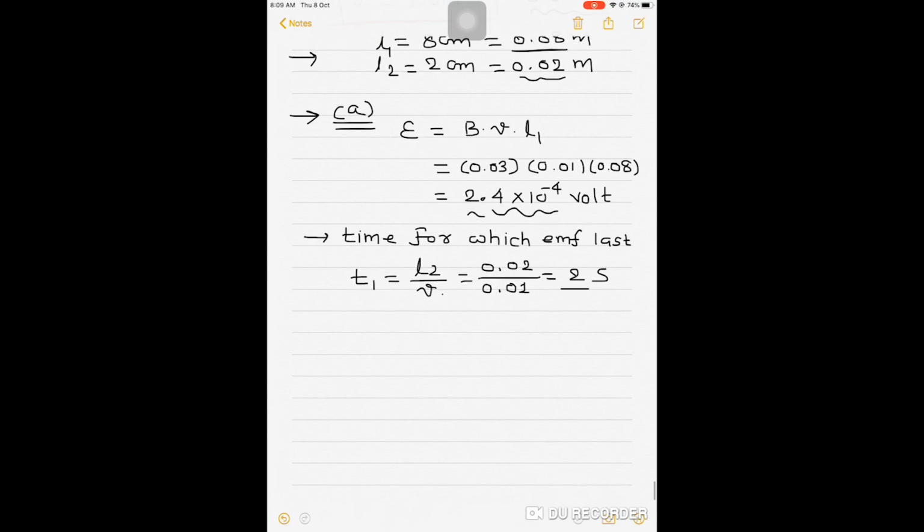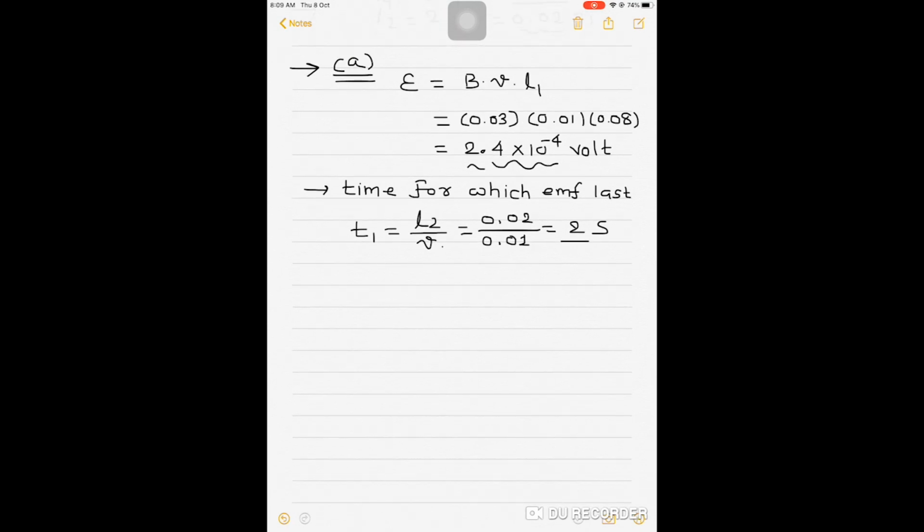But now in case number 2, this will be a little bit interesting part. In case B we are given that EMF. First of all we will find the EMF along the shorter side, so that will be BVL2.